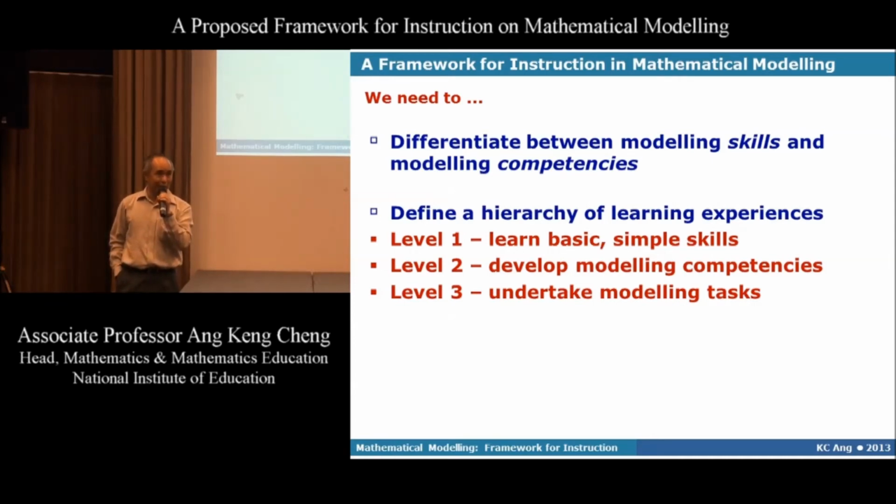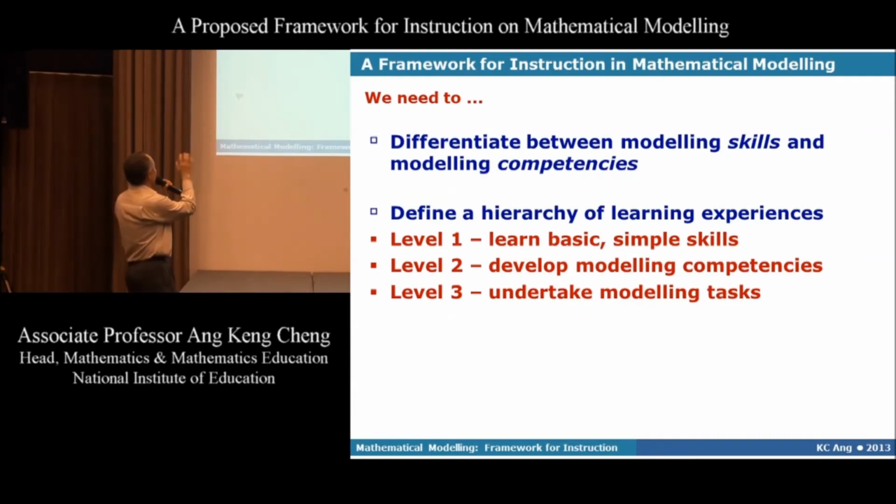assumptions. And I have come across a teacher who designed a modeling task that requires a simulation model, and the students didn't even understand the meaning of the word simulation. So there's this big gap there, right?